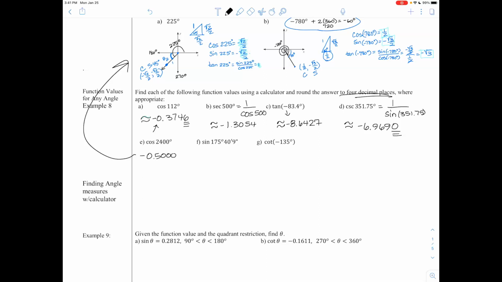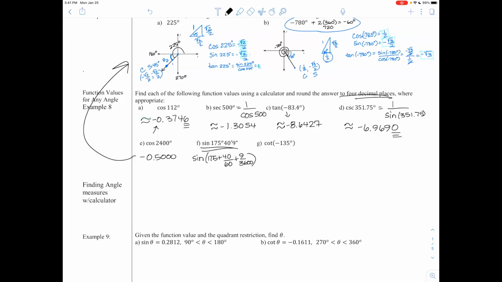And then this one here. Remember, if you don't have the DMS button, you're going to have to do the sine of 175 plus 40 divided by 60 plus 9 divided by 3600, just to convert your minutes to a degree and your seconds to a degree in order to get a value.